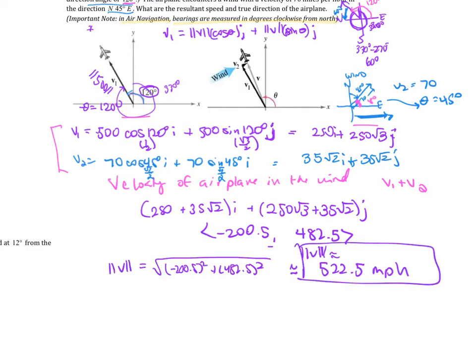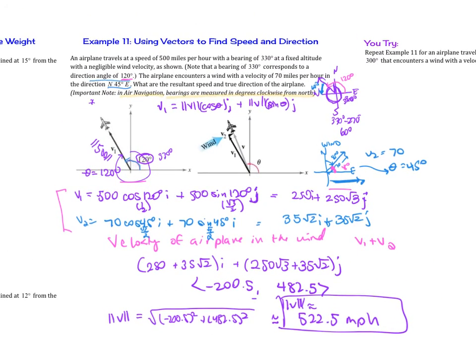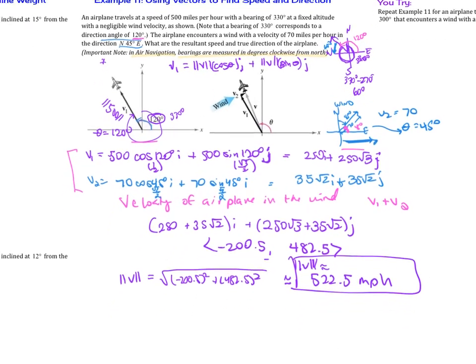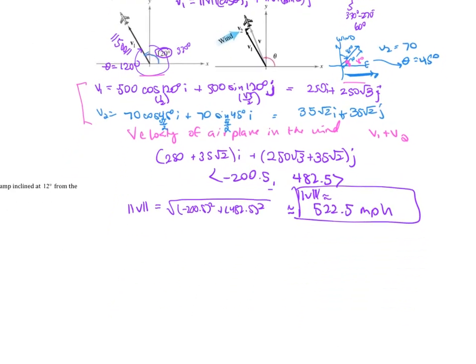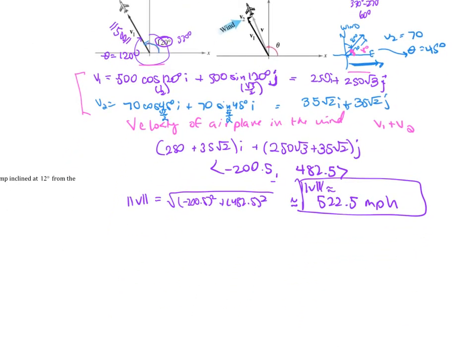Well, we're not done though. We have to find the direction, true direction of the airplane. So what we're going to do now is, remember we want to find the angle. So tangent of theta is B over A. And so B we know is 482.5 and A is negative 200.5. So 482.5 over negative 200.5.